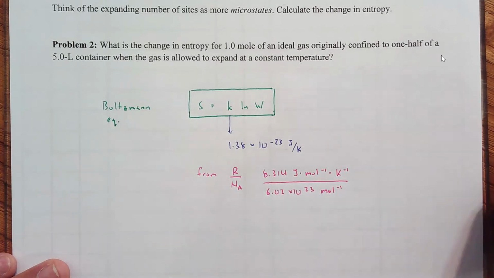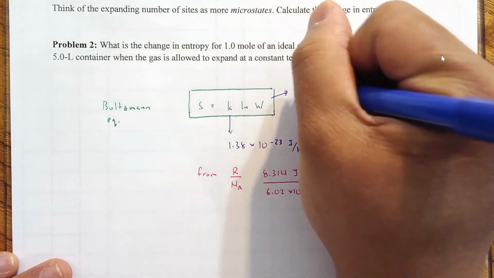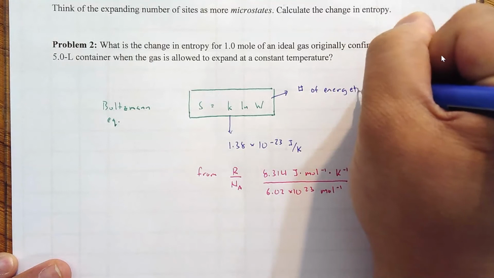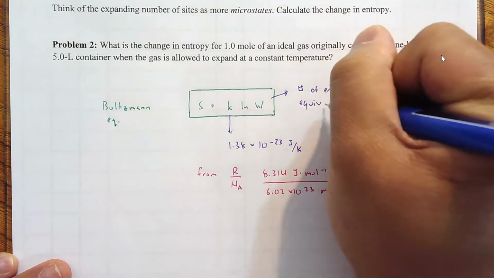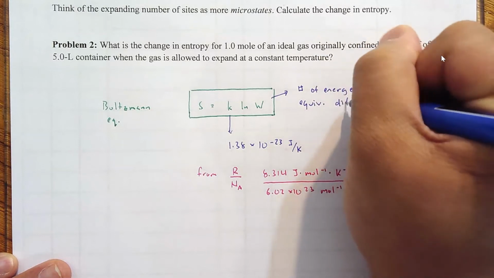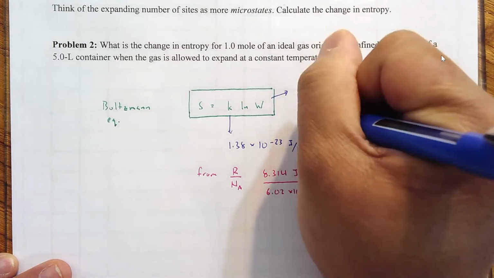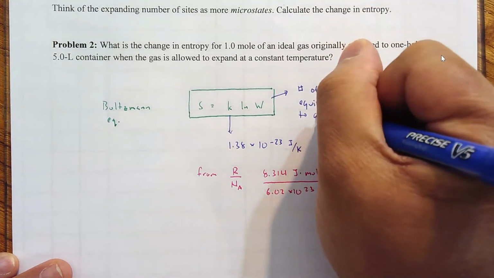W, you've heard me say before, it's the number of energetically equivalent different ways to arrange molecules.